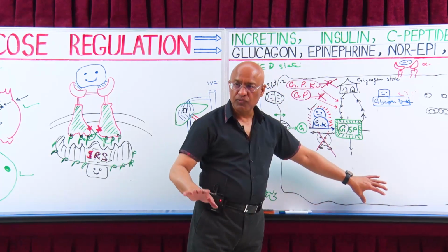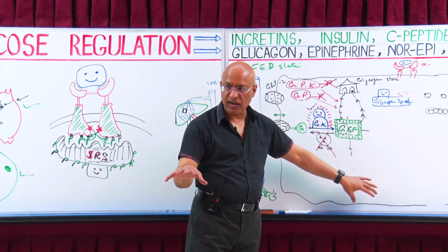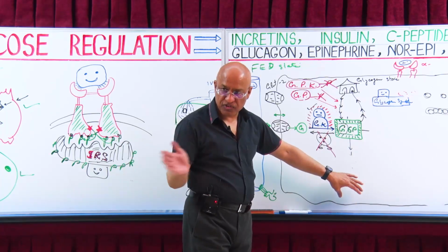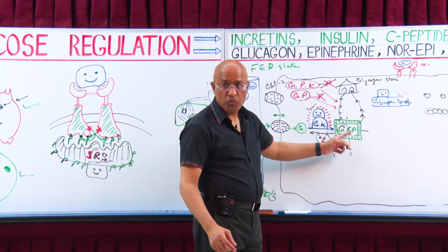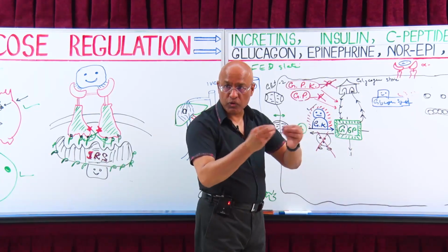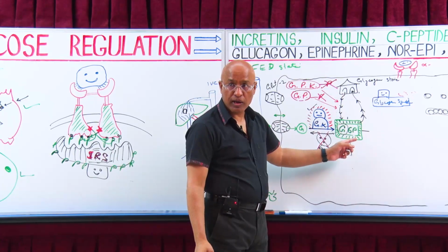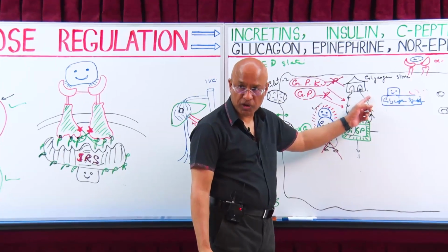The first initial molecules will be used to fill up the energy store of the cell. If extra glucose comes, then glucose 6-phosphate will be polymerized into glycogen, and the glycogenic pathway will be stimulated.